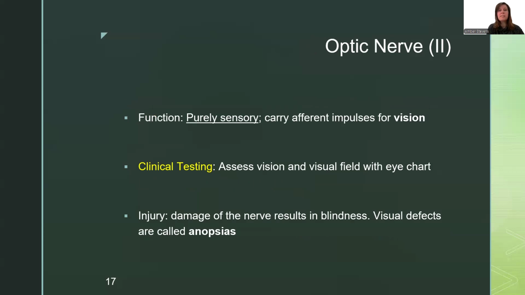All right, so the second nerve is the optic nerve, and this nerve controls your vision. So testing this would include eye charts and checking your visual peripheral field. Damage can lead to blindness or visual defects.